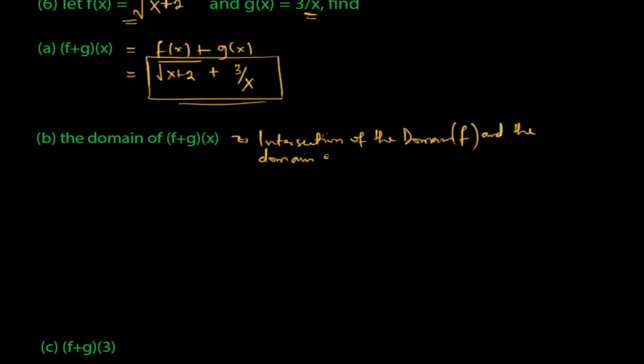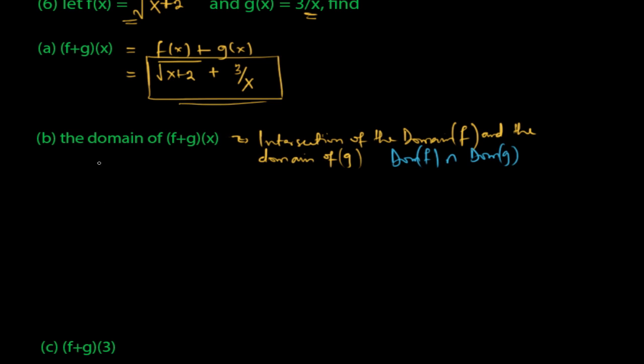So the domain of f plus g is the domain of f intersect the domain of g. Let's go ahead and find the domain of f and then the domain of g.